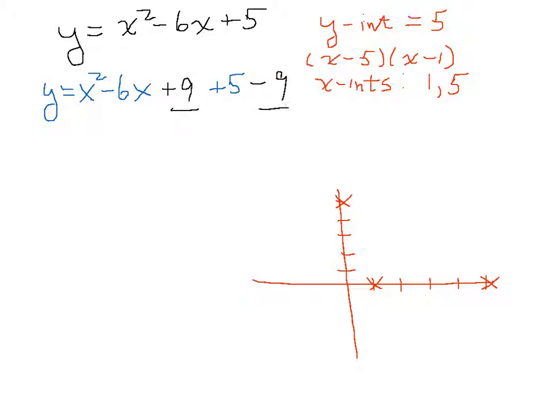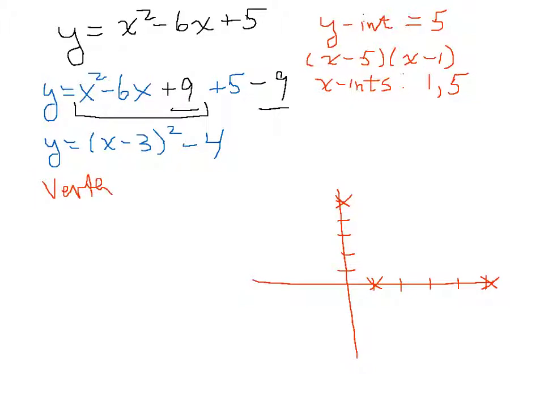So these two things balance each other out, but what I've done now is taken this and written that as a perfect square. So I can write this as x minus 3 squared minus 4. And from that, I can get the information that my vertex is 3, minus 4.